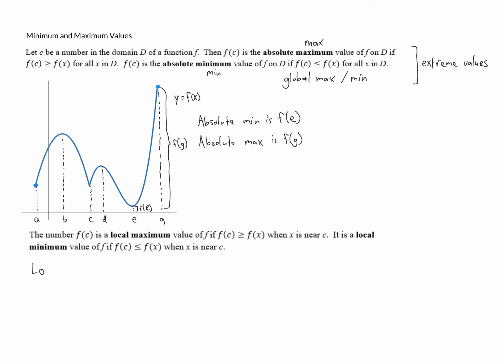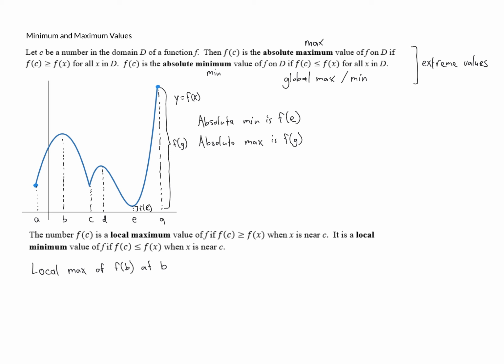So we have a local max of f of b, the function value of b. And sometimes we want to say where that occurs. So we might want to say it occurs at b.